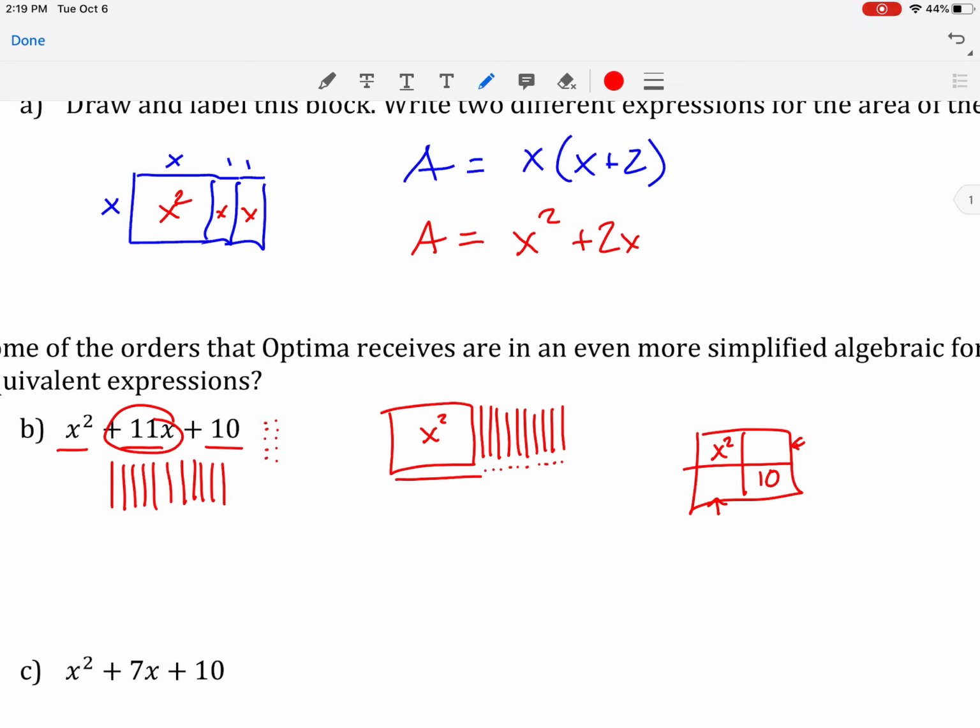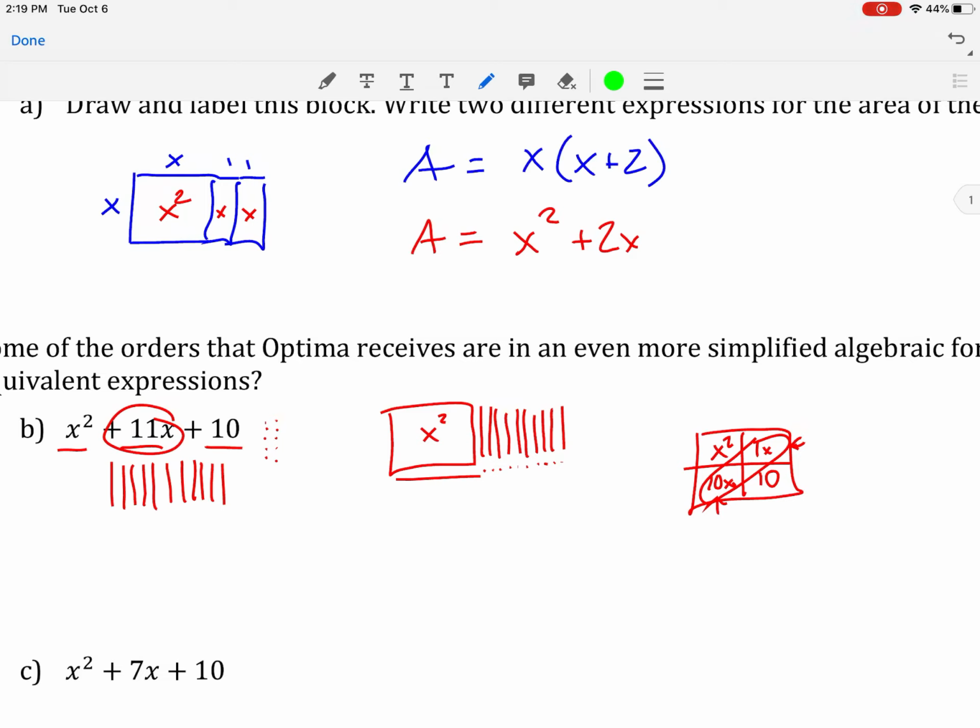So that's what we're looking for. So in this case, I need 10 x blocks on one side, and then 1 x block on the other side. So you can think about it numerically, or you can think about it visually, because now when I add those together, that would give me my 11x. But the deal is I have to do that such that I can figure out what the side lengths are. That is my goal.